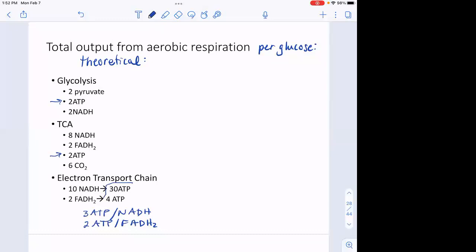That's how we get these numbers, 30 and 4. If we add this all up for prokaryotes, about 38 ATP in theory.